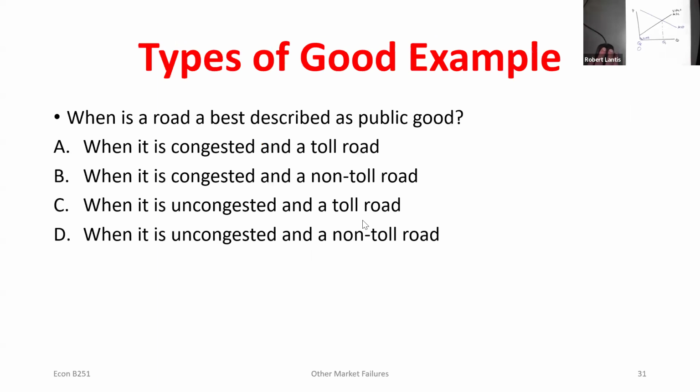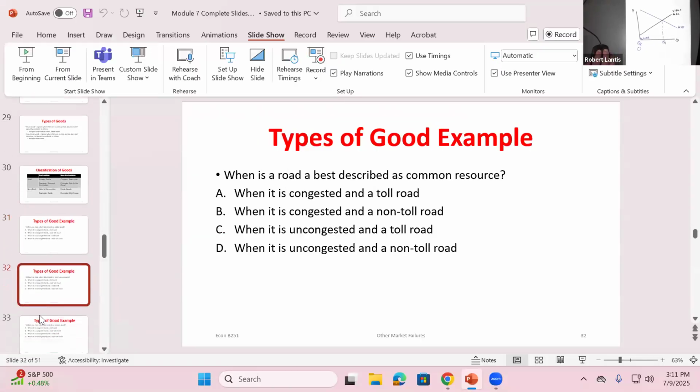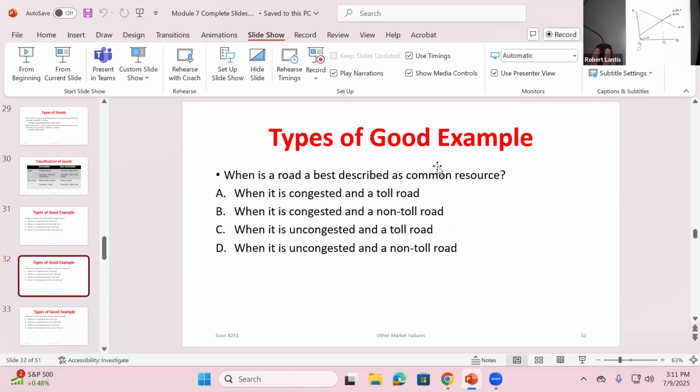All right. So I think I'll save this example. We'll start class with it just to revisit this idea of the different types of goods. I also have another example that I like a little bit more than this road. Although I like this example because it shows how the same good, a road, can be classified as different types of goods depending on different characteristics of that road.